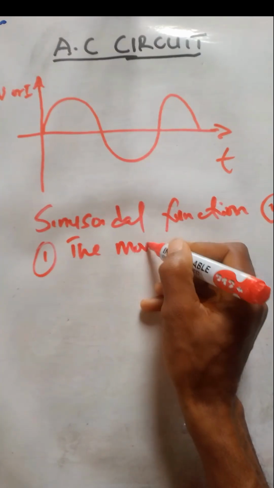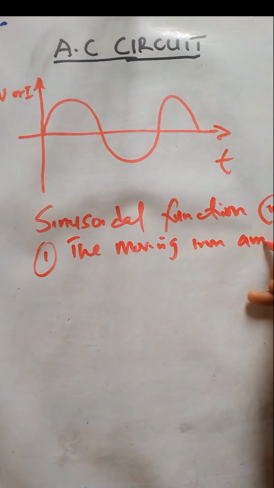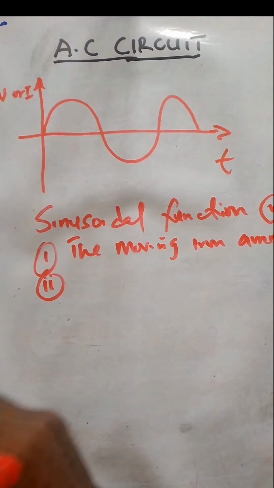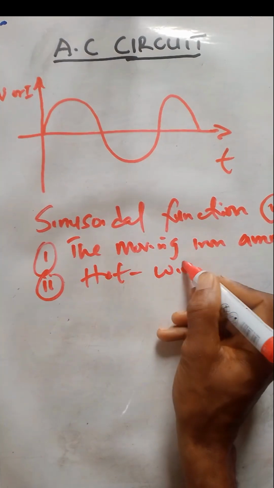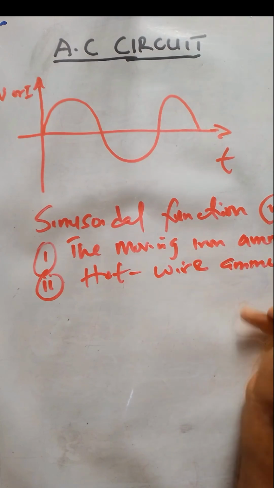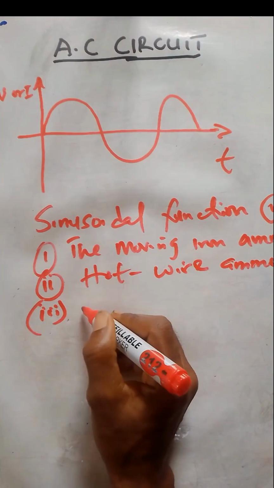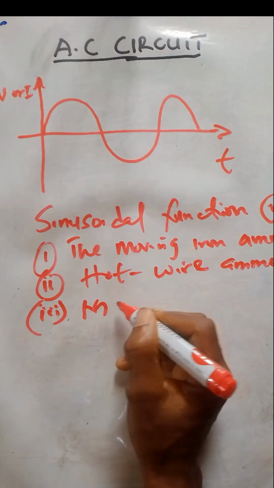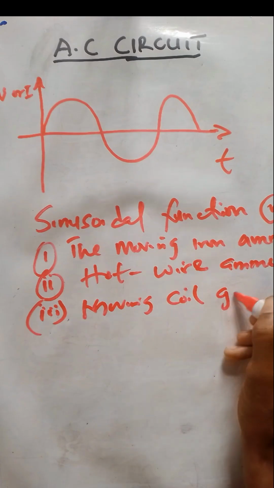And we can measure alternating current using the moving iron ammeter. We can also use the hot wire ammeter. And we can also use the third one, which is the moving coil galvanometer.